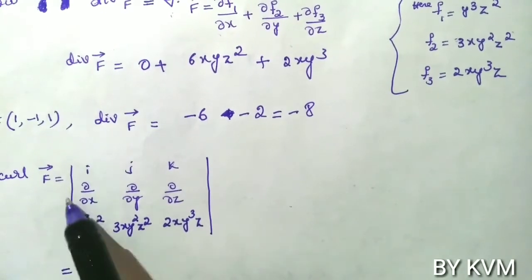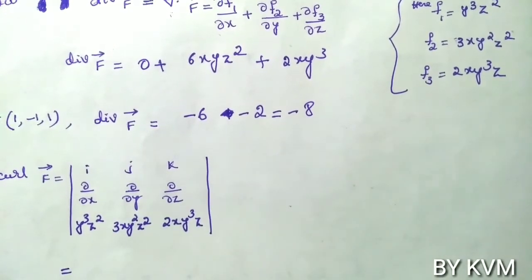So now to find curl of vector f, we expand this determinant from the first row, first element.